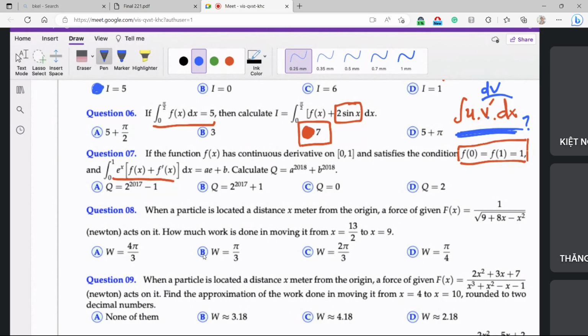What do we call it, class? You don't remember the name, right? Maybe in Vietnamese you remember it, right? This is integration by parts.